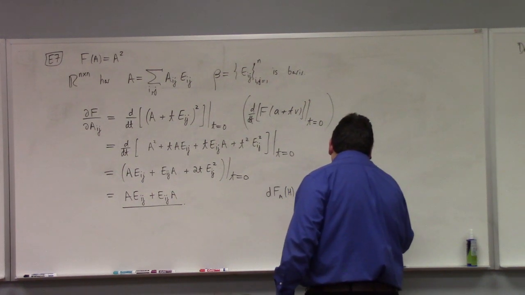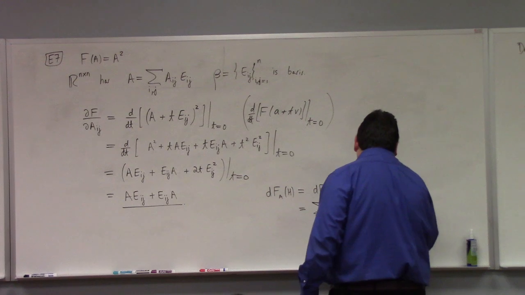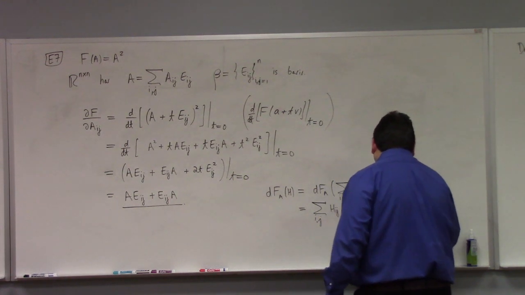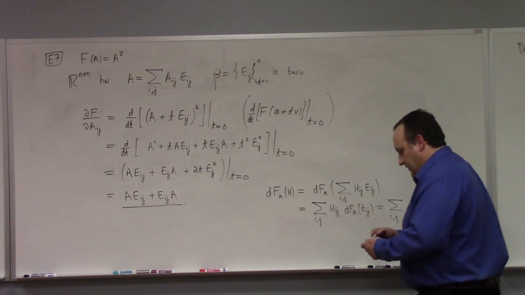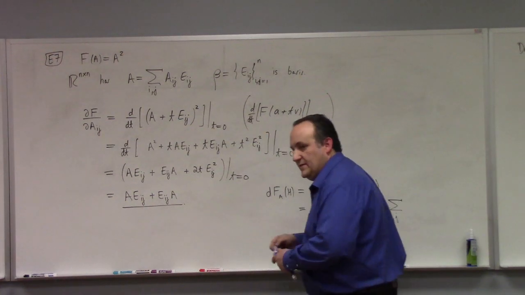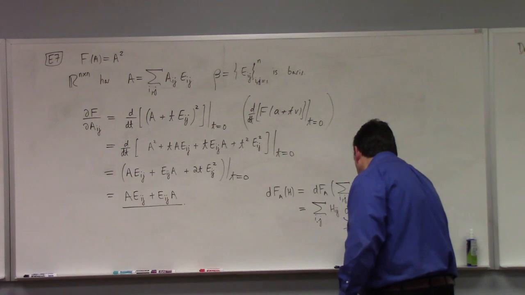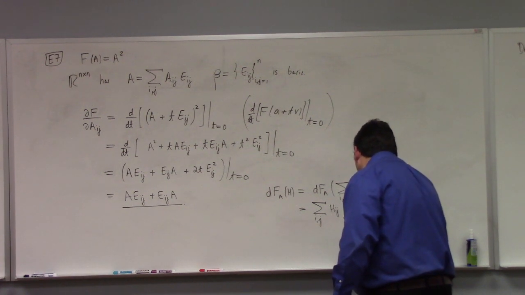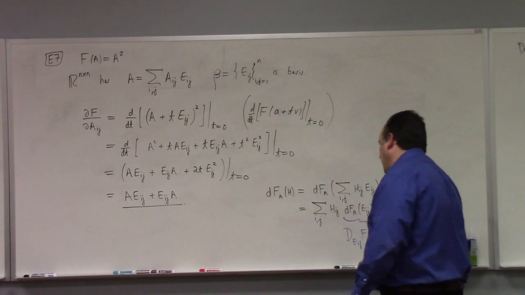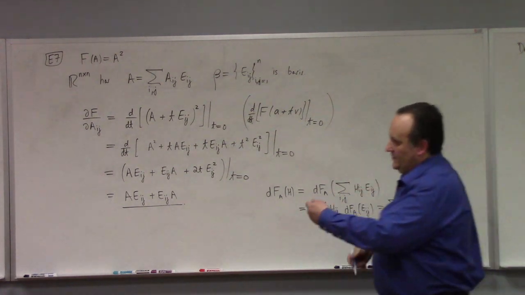If you believe my theorem over there, this is really the directional derivative in the E_ij direction of f at A, which is the same as what I've calculated.